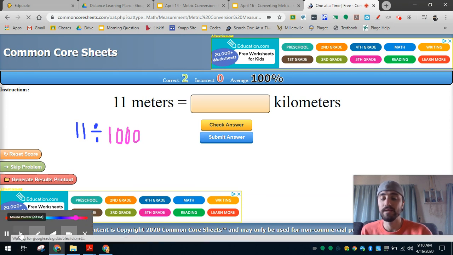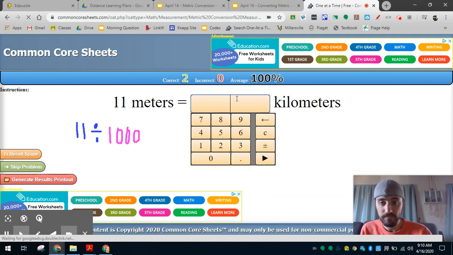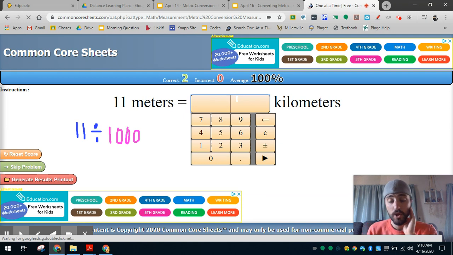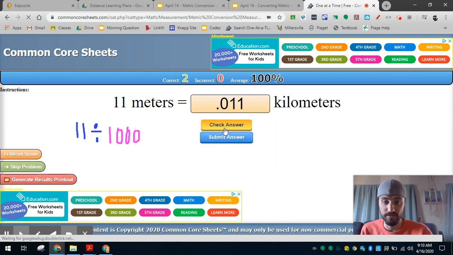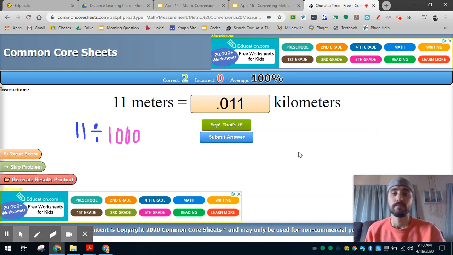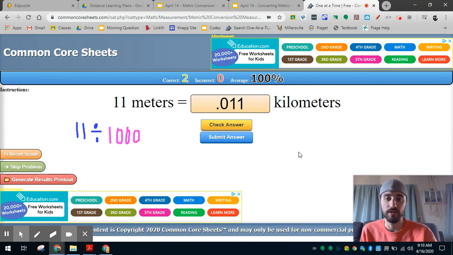So we have 11 divided by 1,000, which we know should be a decimal here. Again, you can do this on your calculator, or if you know how to use our decimal rules, you can do that as well. And my answer is going to be 11 thousandths. Again, you can do that on your calculator if you want.